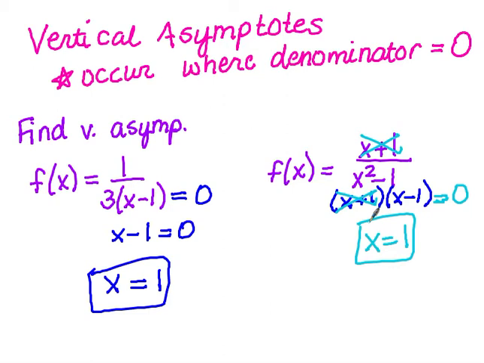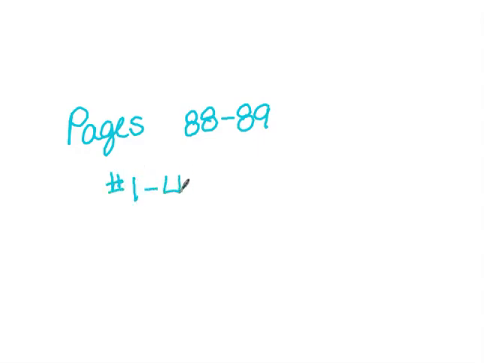Okay, this is what I need you to do then. Once again, since there's not as much information, you've got to make sure that you know what we're doing. I need you to do, first of all, 1 through 4. And then I need you to do 9 through 15.